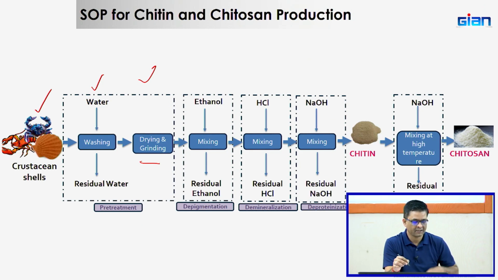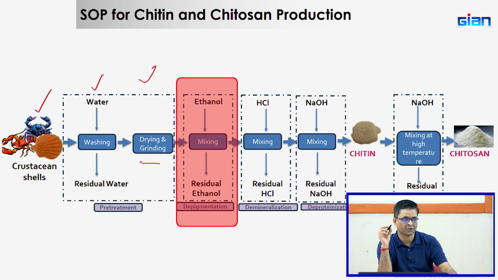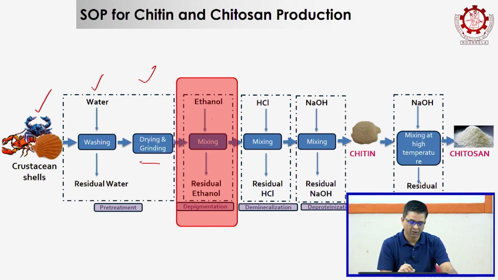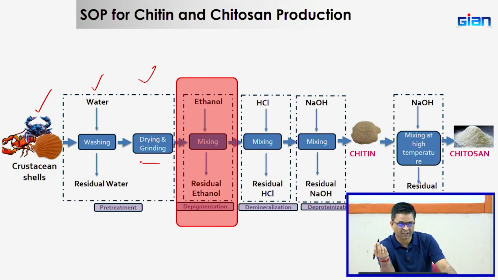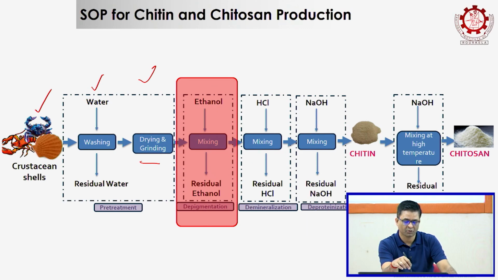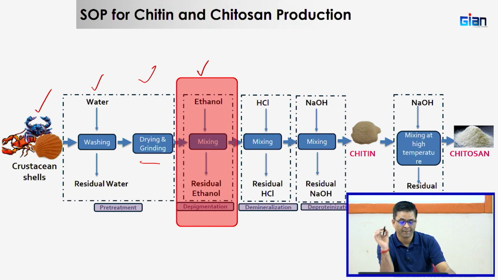This step was eliminated because if we employ ethanol, then you can get all those pigments. You have seen the orange color or different colors, and some pigments are colorless. Ethanol dissolves those pigments. We did not do that because I didn't want you to handle ethanol, as not all are from a practical background.